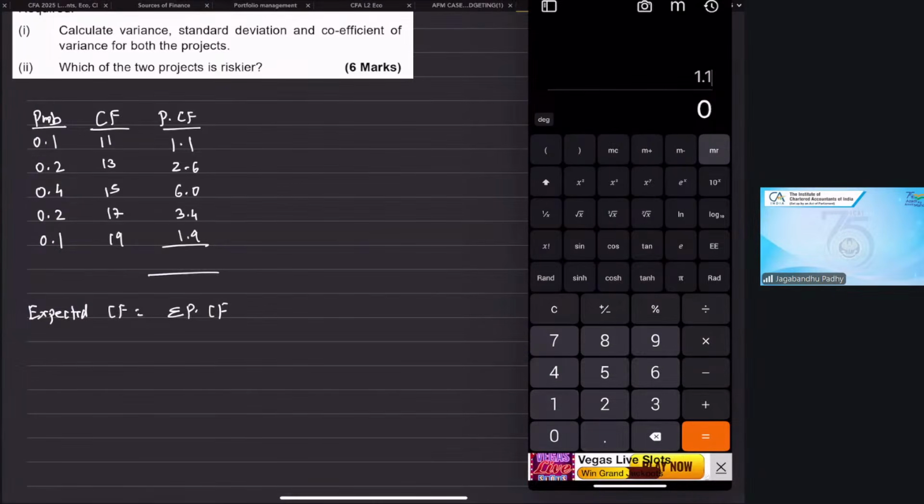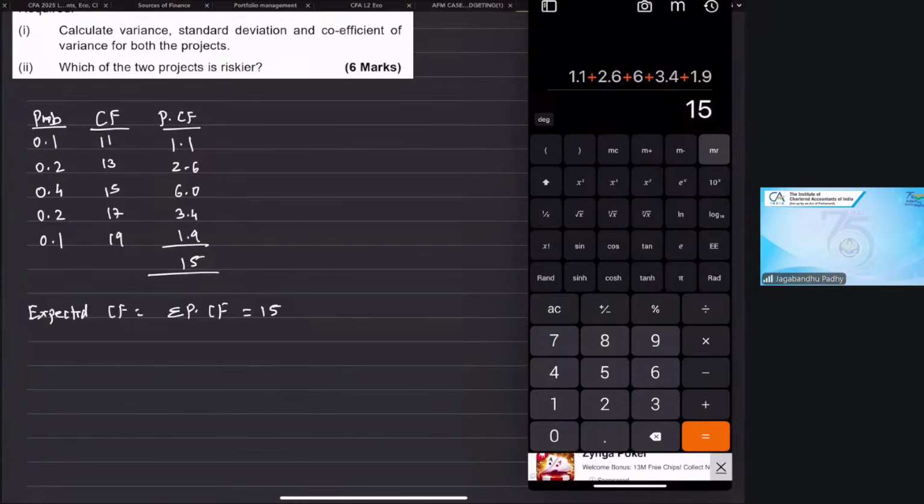So we have 1.1 plus 2.6 plus 6 plus 3.4 plus 1.9, which is 15. So we got the expected cash flow, which is 15.